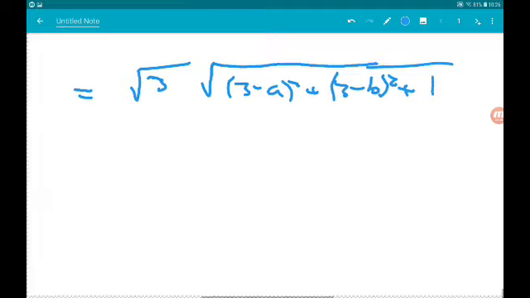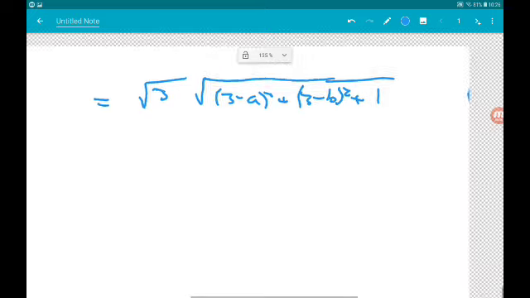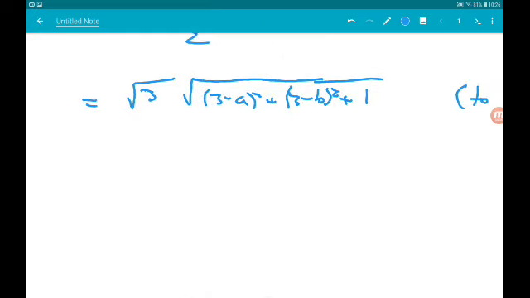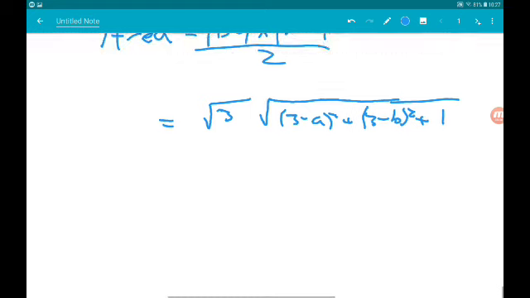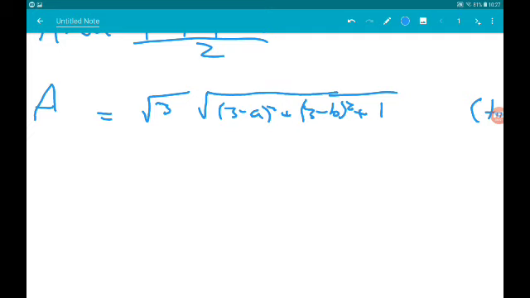Okay, now then, this is where the equation that we found in part 1 is going to come in handy. We now want to minimize this guy, so let's call it A. Now we're going to do that by differentiating, but at the moment it's in terms of 2 variables. We need it to be in terms of just 1 variable.